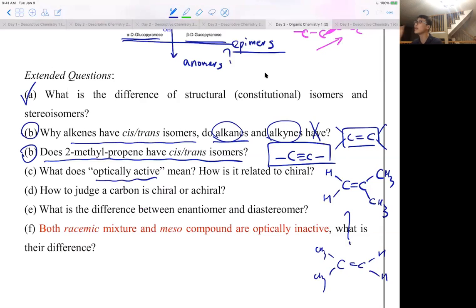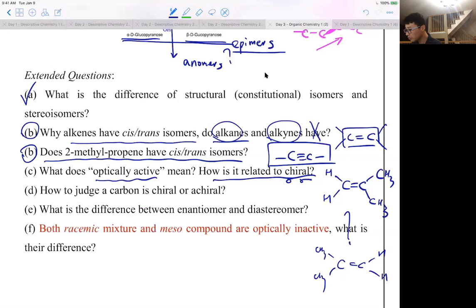If it can rotate the polarized light into a different direction, it is called optically active. Otherwise, it's optically inactive. How is it related to chiral? If a molecule is chiral, it will rotate the polarized light, and then we call it optically active.